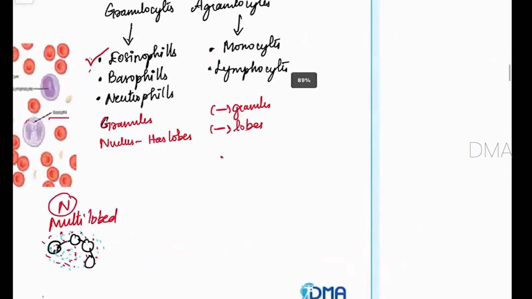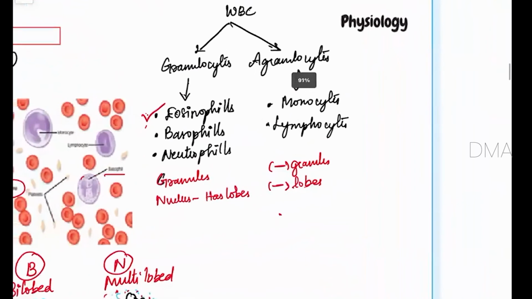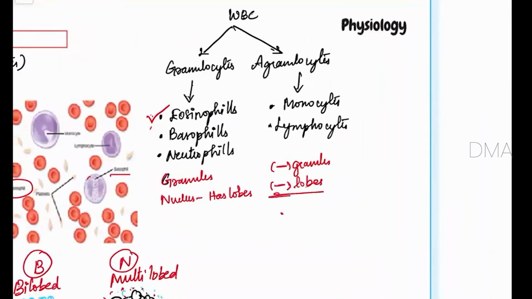Now moving on to the agranulocytes. Here the nucleus does not have lobes and there are no granules, so you have a clear single nucleus. Mostly the nucleus of the monocyte is kidney shaped, which we can easily appreciate.